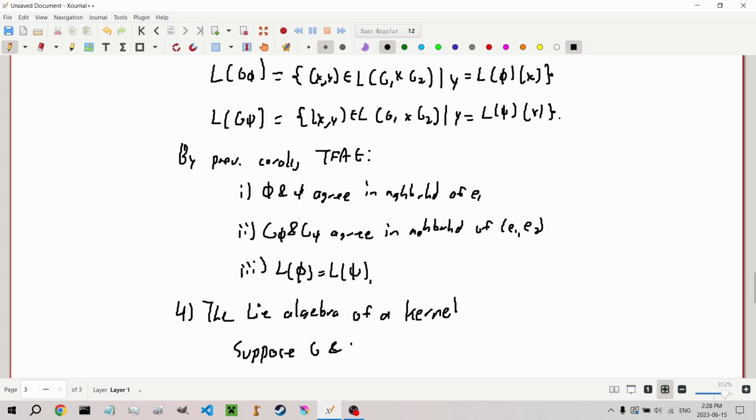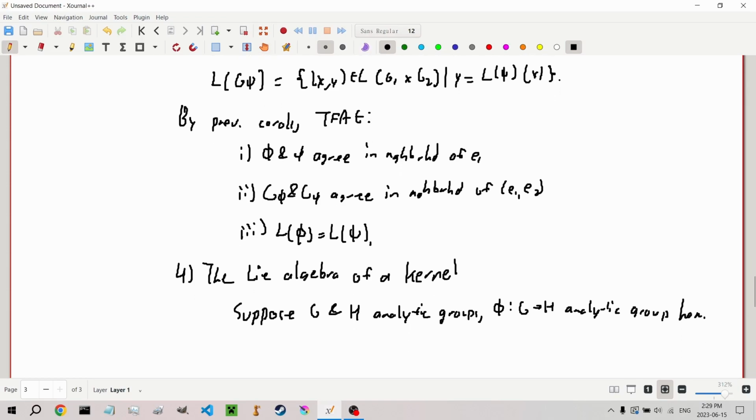Suppose G and H are analytic groups, and phi from G to H is an analytic group homomorphism and a subimmersion.